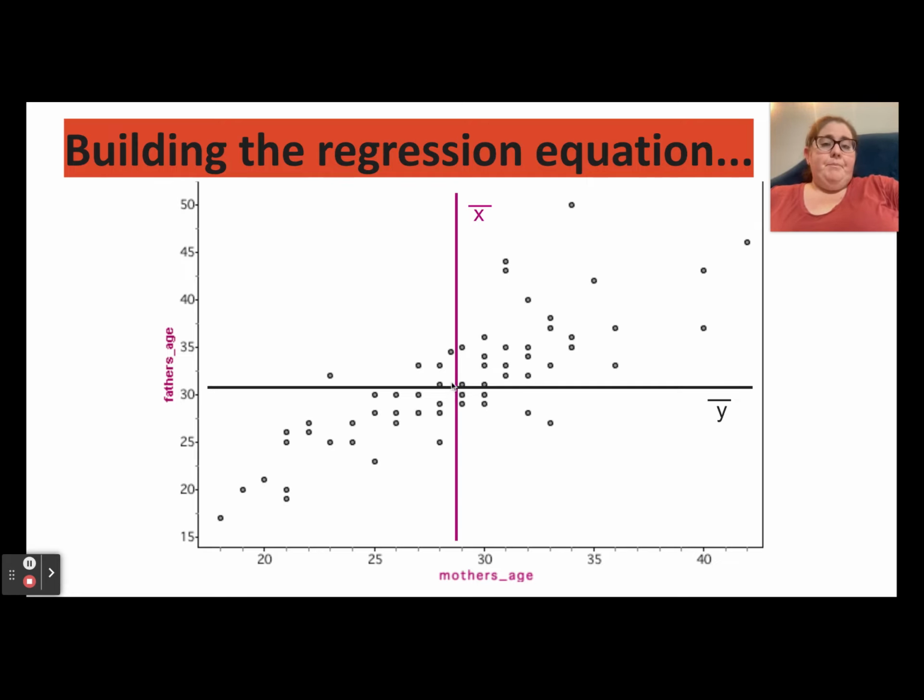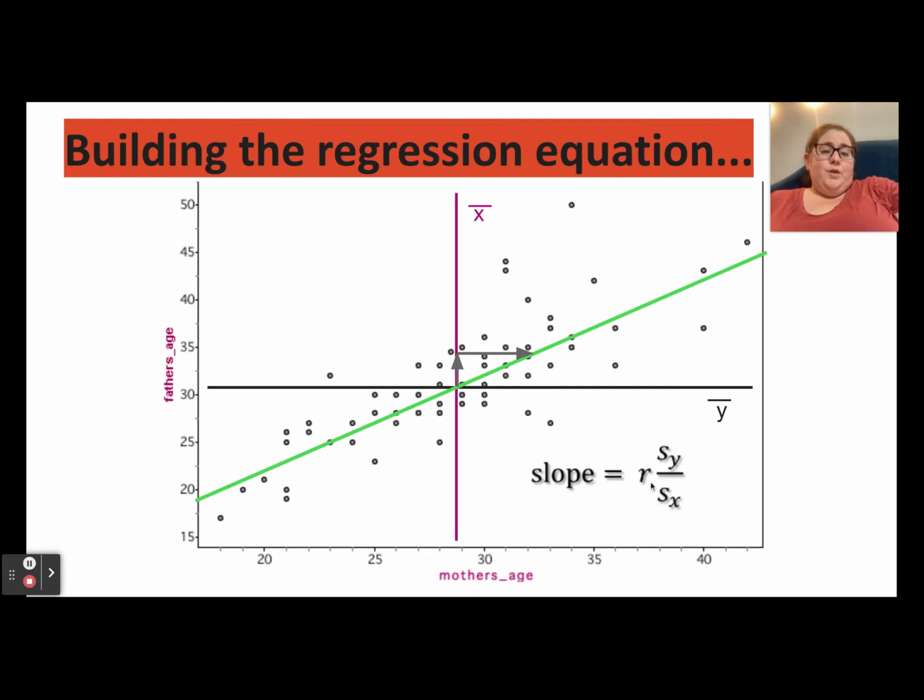From there, when we talk about the slope of that line of best fit, it has to do with a couple of things. It has to do with the standard deviation of our y variables and our x variables, because we want the slope to represent the average change in y divided by the average change in x.